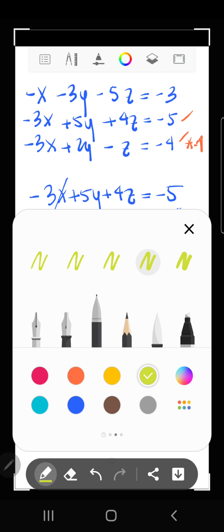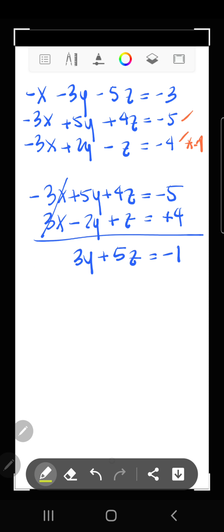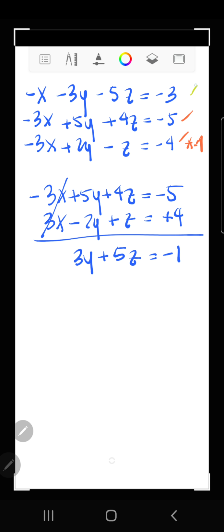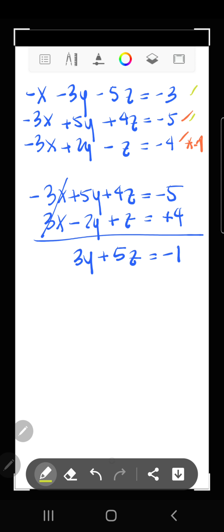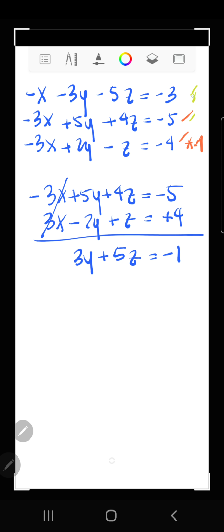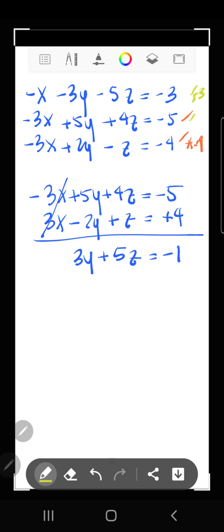So for example, you can use the first equation and the second equation, but you should eliminate also the x in this pair of equations. But to eliminate the x, what if we multiply times negative 3 the first equation?